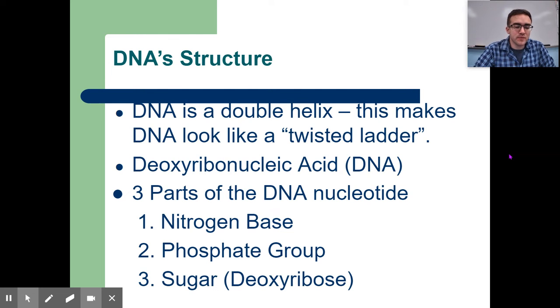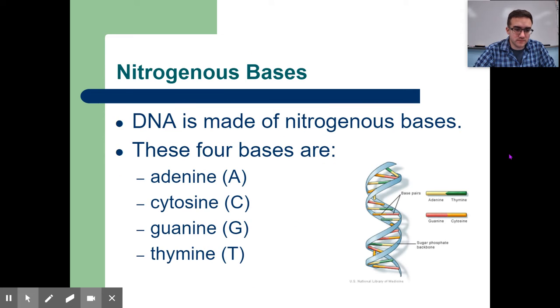The three parts of the DNA nucleotide are the nitrogen base, and there are four of them, which we'll talk about briefly, the phosphate group that links it, and the sugar. The sugar for DNA is deoxyribose. So that's where the full name, deoxyribonucleic acid, comes from, because it's named after the sugar used in DNA, deoxyribose. So that's the structure.